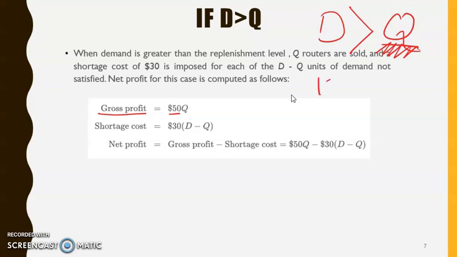But about the shortage cost, just imagine you have demand of 100 and an inventory level of 80.